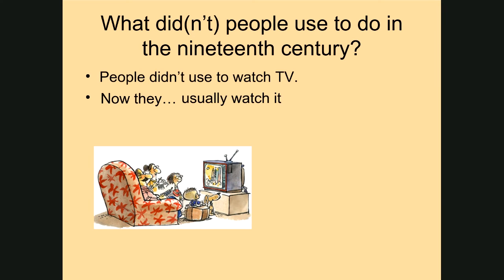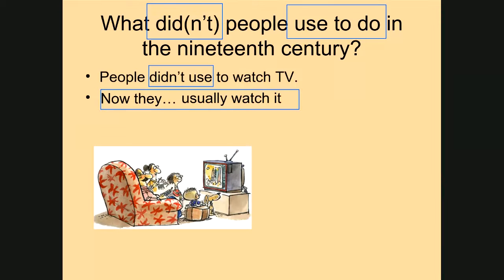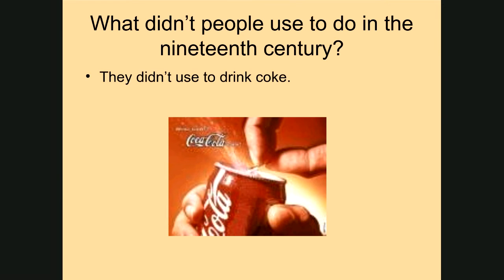Let's try to have some ideas about our country. What did or didn't people used to do, verb in infinitive because of the auxiliary didn't, in the 19th century? So people didn't use to watch TV. Now, in the present, they usually watch TV. Other example, they didn't use to drink Coke.